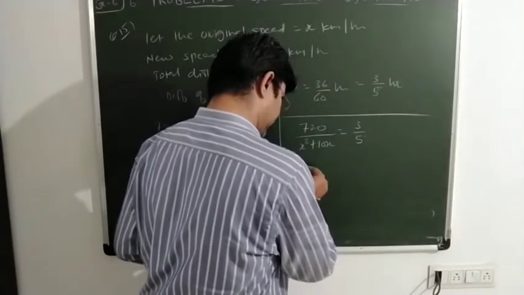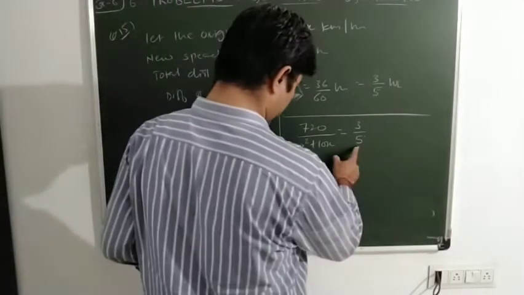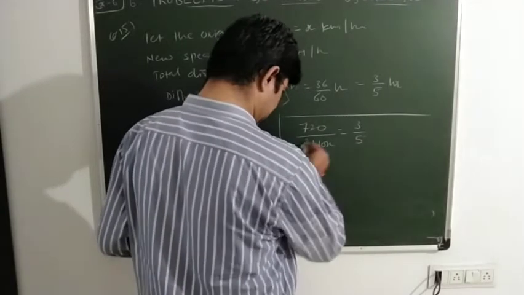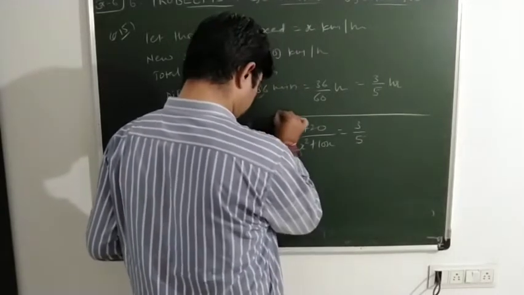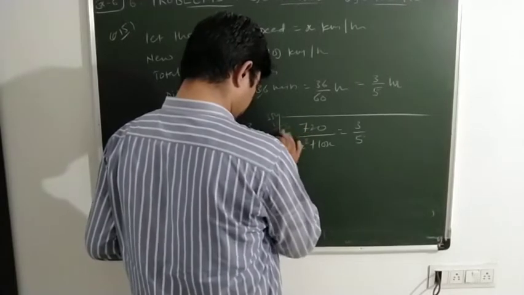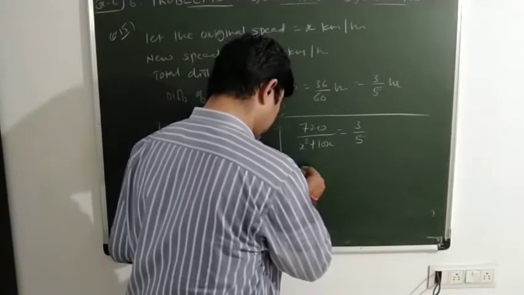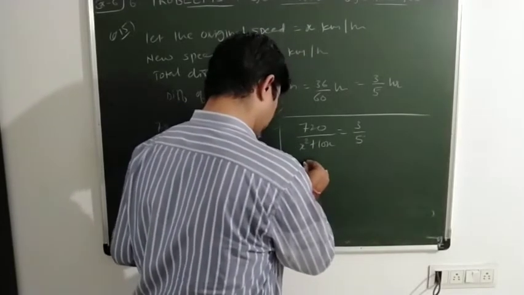We can reduce by 3, or let me first cross multiply. 720 into 5, 3600. Yes or no?